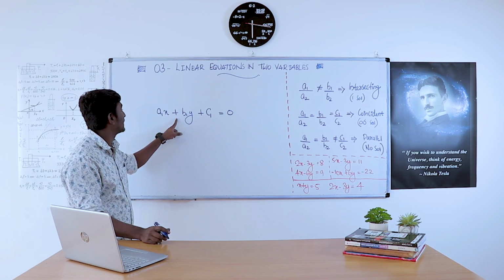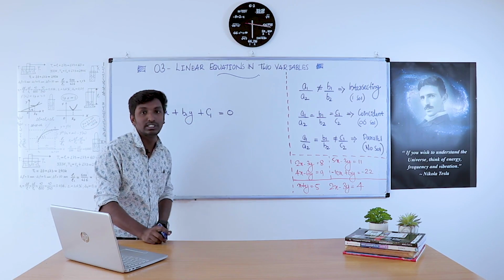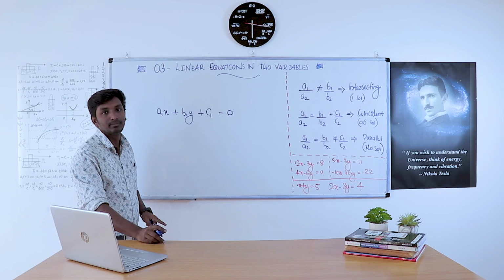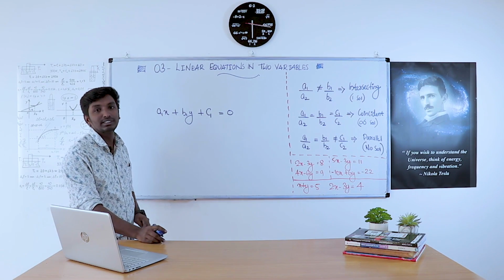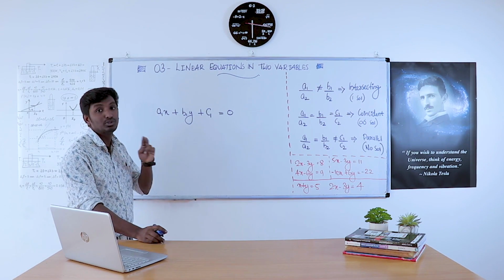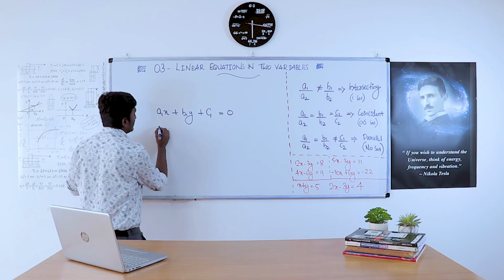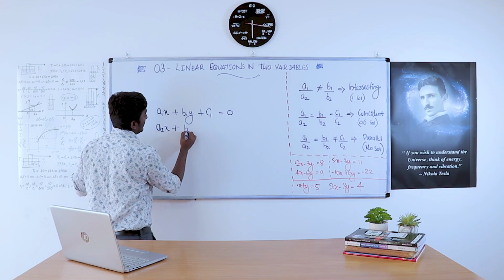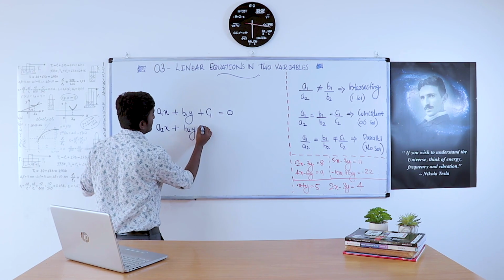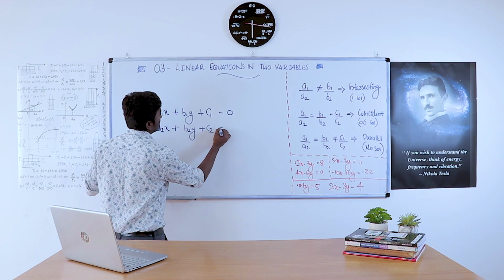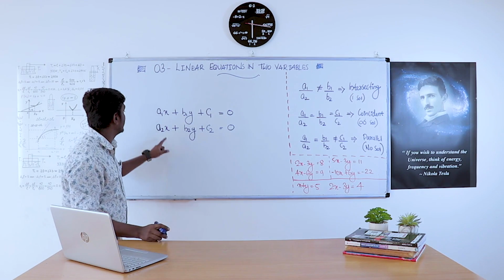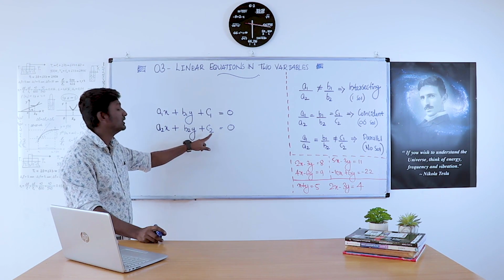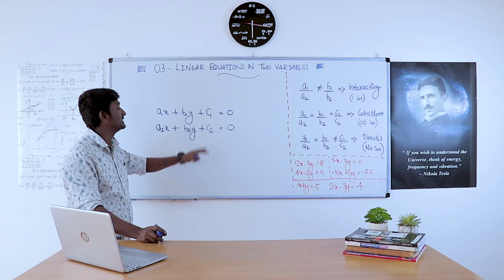The second equation is a2x plus b2y plus c2 equal to 0, where the coefficient of x is a2, the coefficient of y is b2, and the constant term is c2.